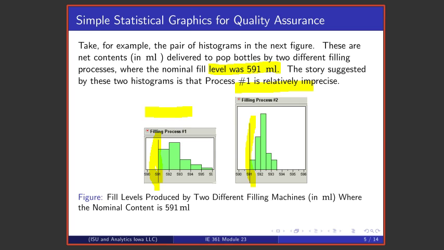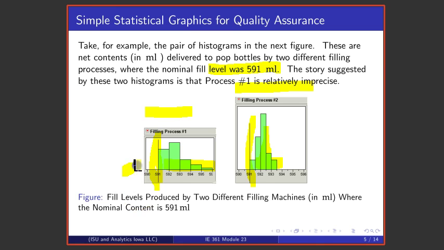What you see in this picture is that in both cases the fill levels are all above that 591, but in the second case, they're all above 591 with far less real variation than is seen in the bottles from process number 1.